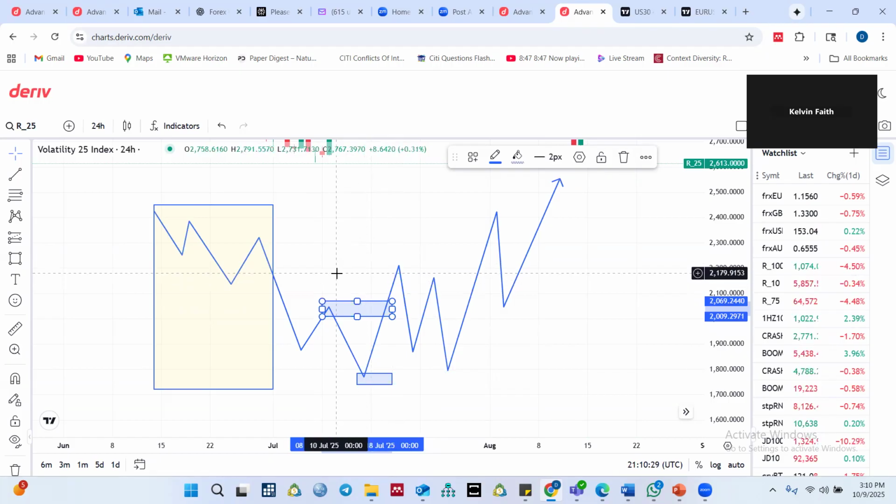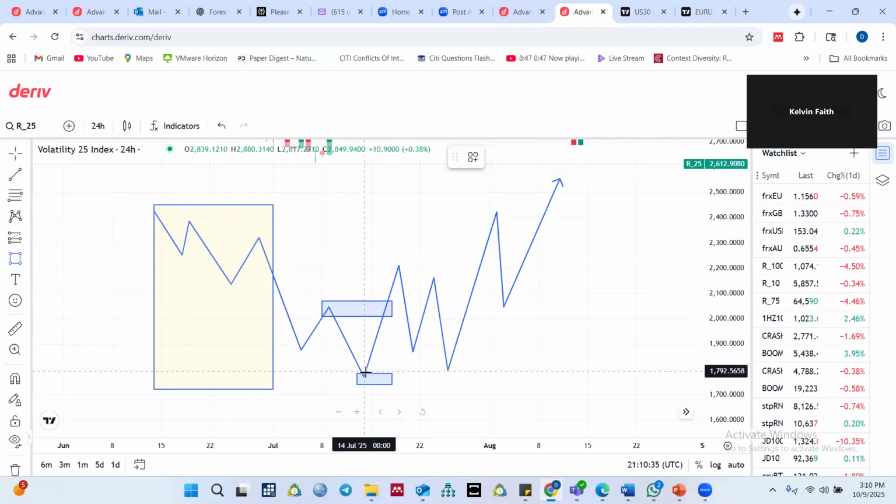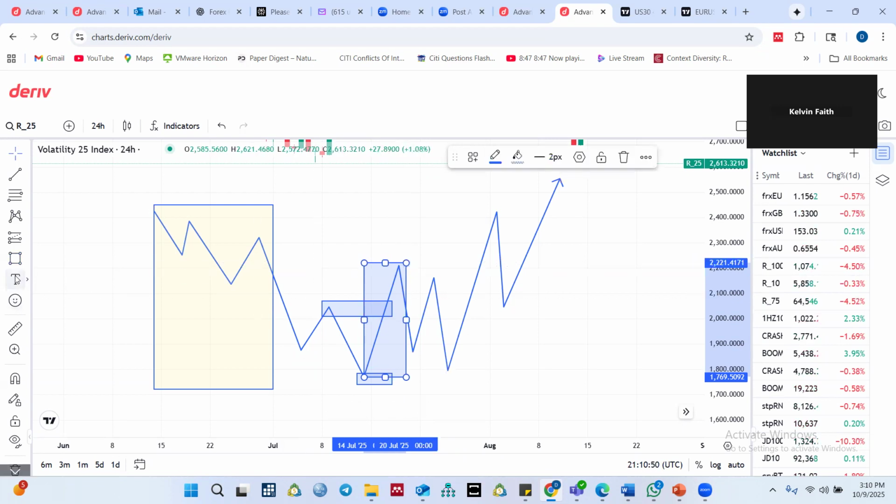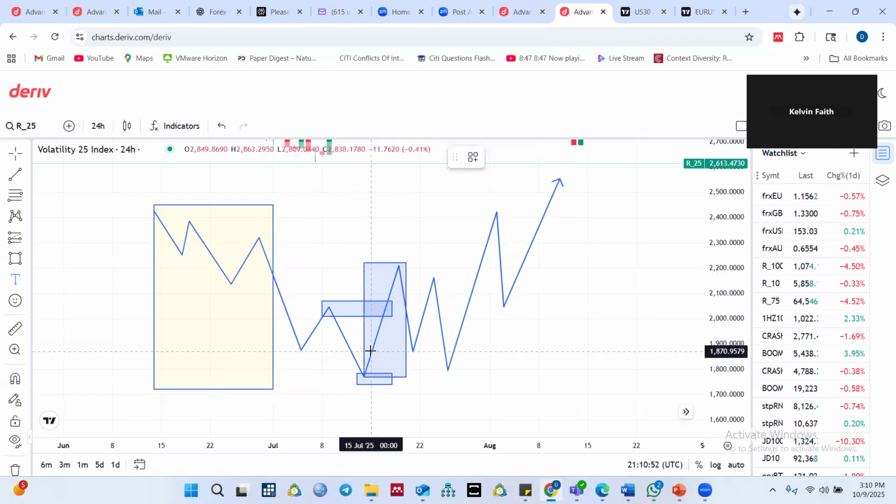The moment you see a break of structure, the move from down here to up here that took a previous lower high out and gave the shift, this move is what we call the impulsive move.